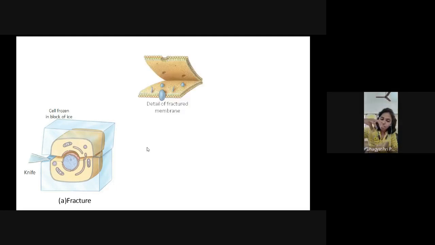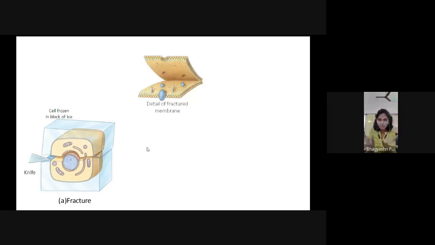That cell which is placed inside in the frozen state, because of the section, it now gets divided into two parts. You cut open the cell by cutting open the ice block, and while cutting open, the parts will get divided. It will not be a sharp, plain cut.